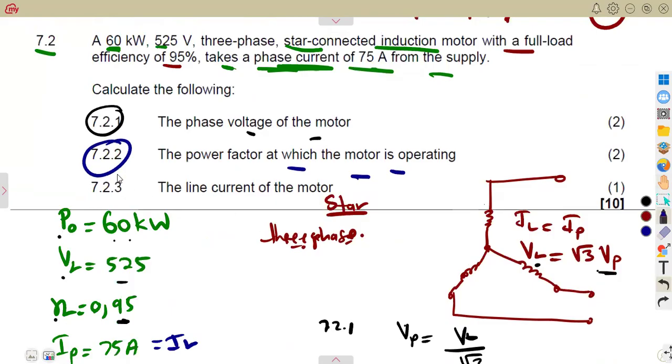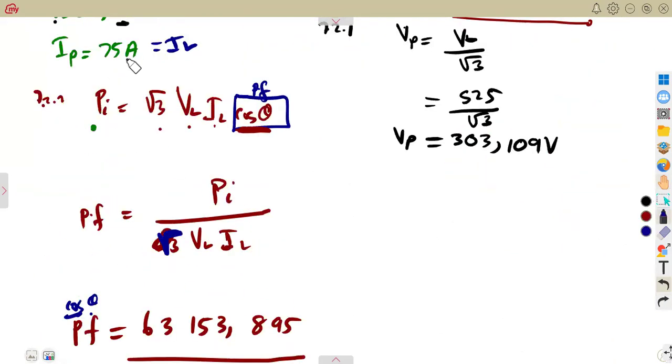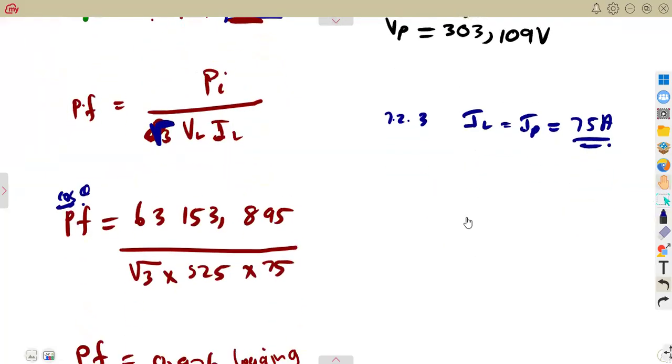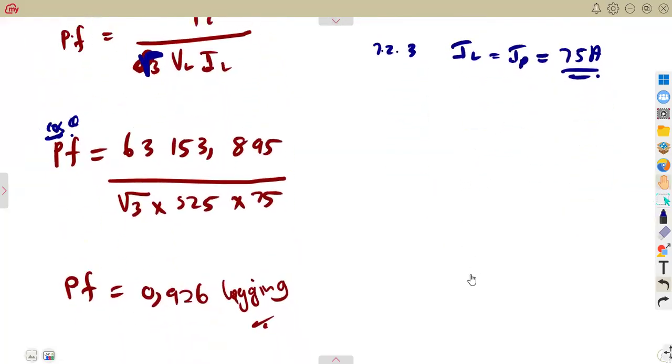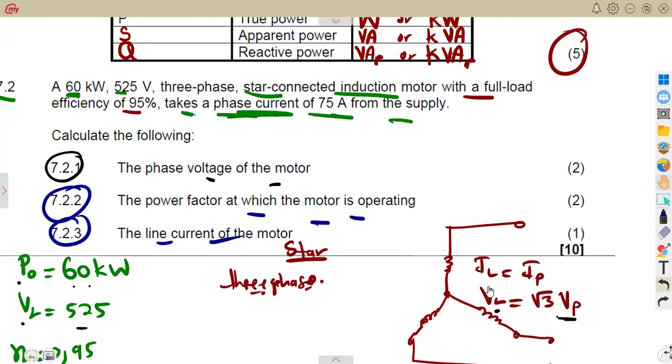That was just 2 marks, and 7.23, the line current of the motor. So guys, we are asked something that we have already used in these calculations. Remember, I said the line current and the phase current are the same. So the 7.23, our line current equal to the phase current, was going to be 75 amps. Okay, so these are the typical questions that you are going to be given when working with 3-phase systems.